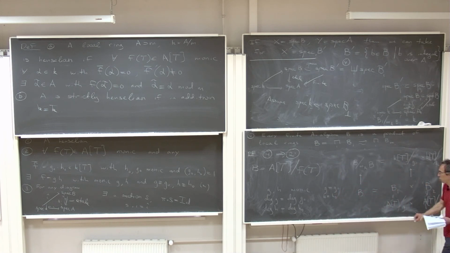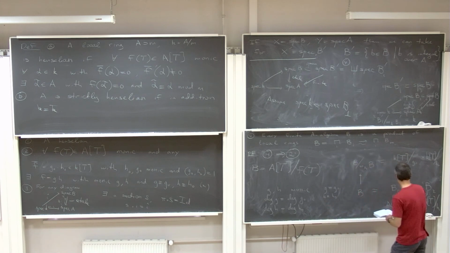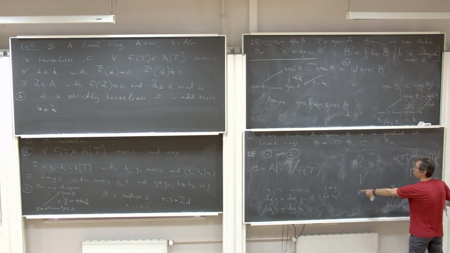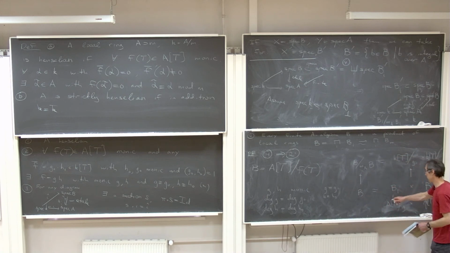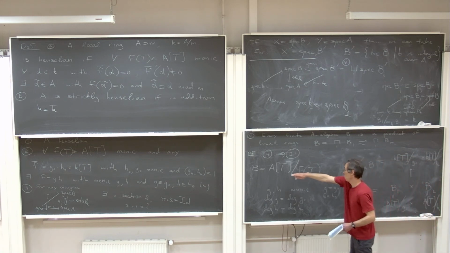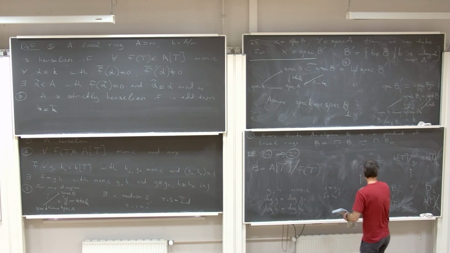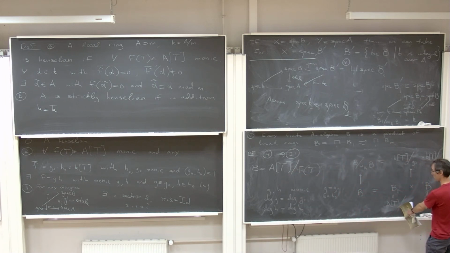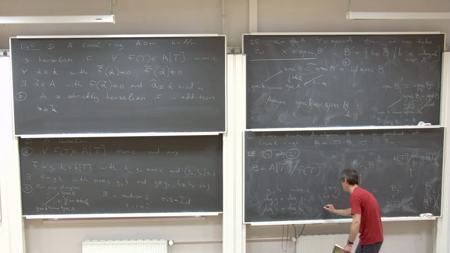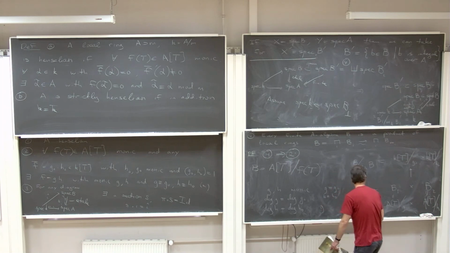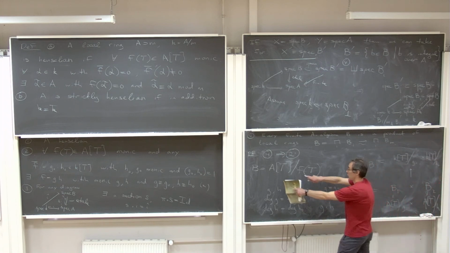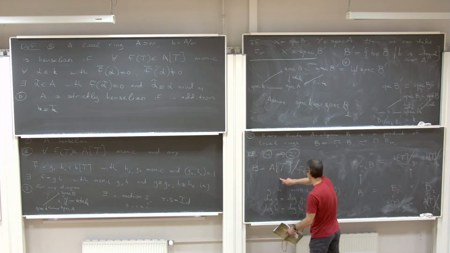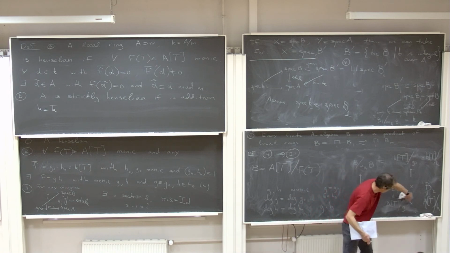And now this implies that, remember that B is this, so B is decomposed as the product. It means that G times H, which is an element here, goes to 0 in this product.